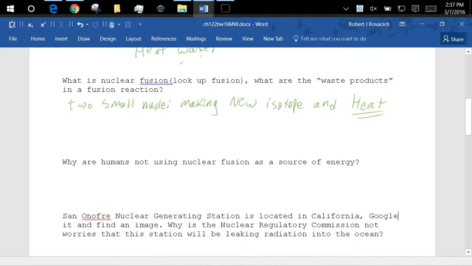And lots of heat, right? So what's the byproduct besides the heat? Just helium. Just regular old helium. Anybody worried about that? No, it's just helium. No big deal. Second? We need it. We absolutely need it. We need helium.